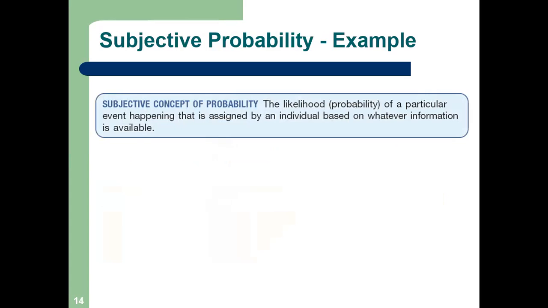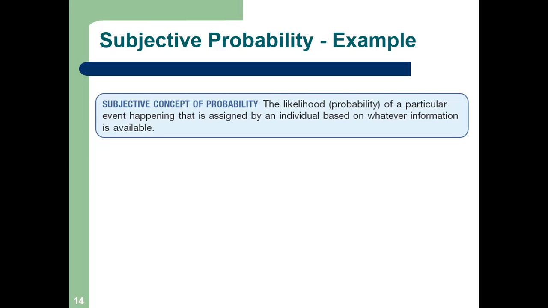The other concept of probability is subjective probability. The previous two probability concepts are based on data. One is classical, another one is empirical.